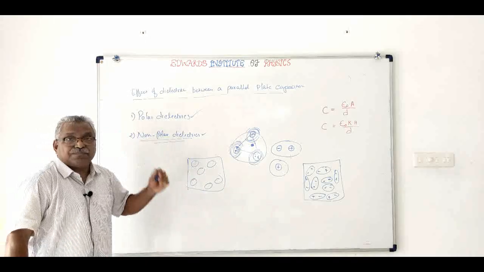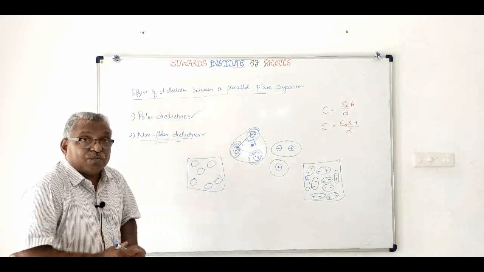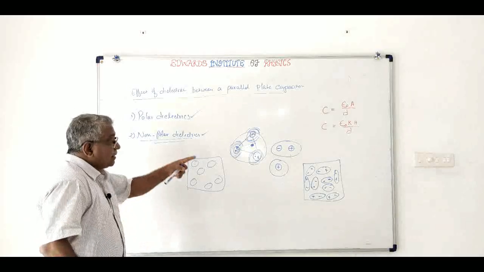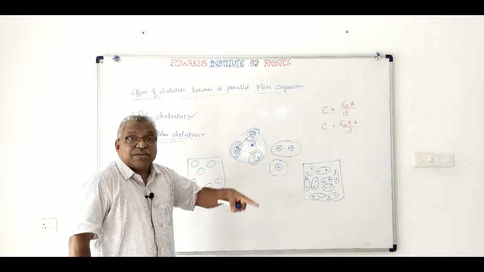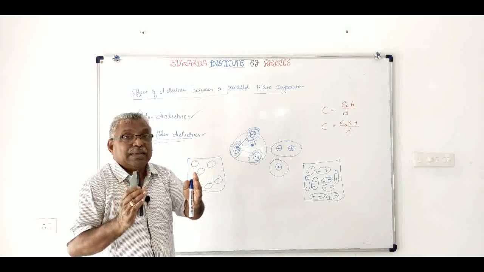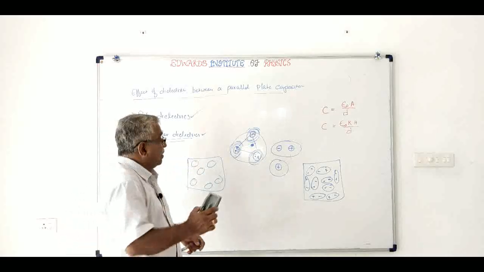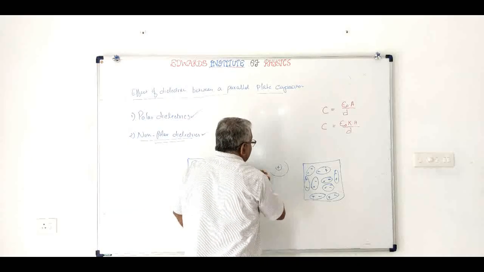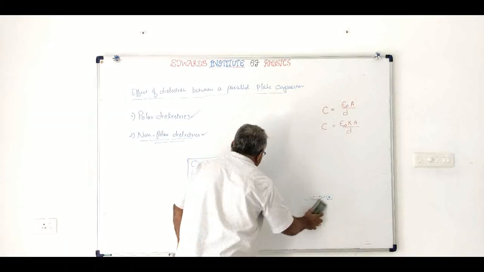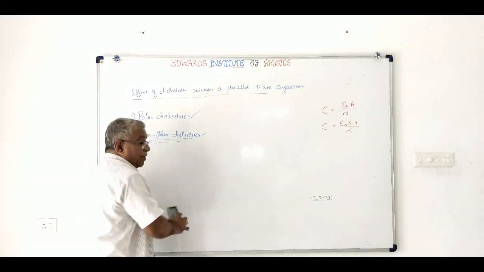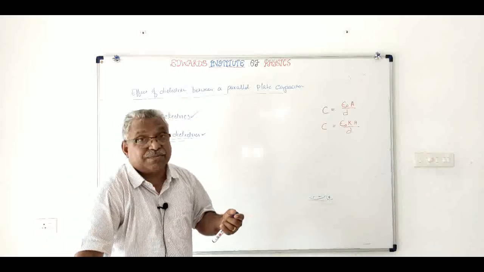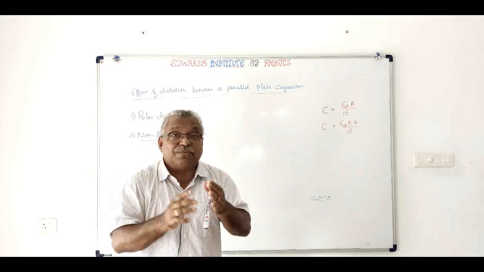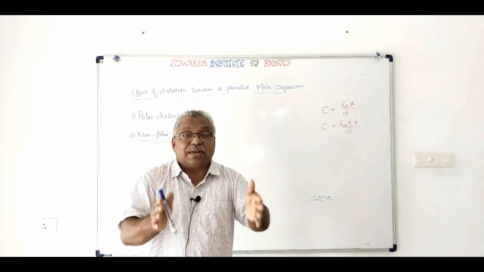without any charge. Now, the interesting thing is what happens when this dielectric is placed in an electric field. You have seen in my previous video what happened when a conductor is placed.